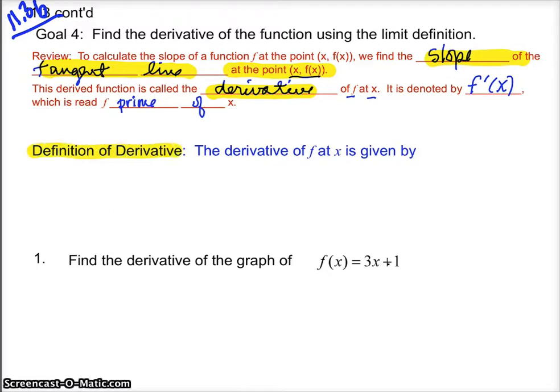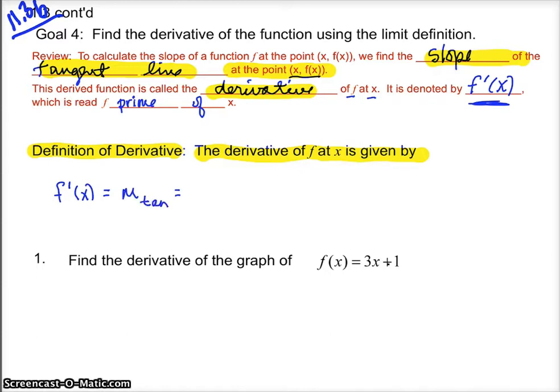So the definition of a derivative. The derivative of f at x is given by, or f prime of x, remember that is our new notation to notate derivative. That's nothing more than the slope of the tangent line.